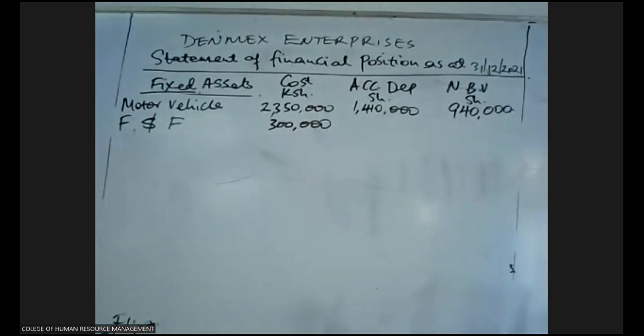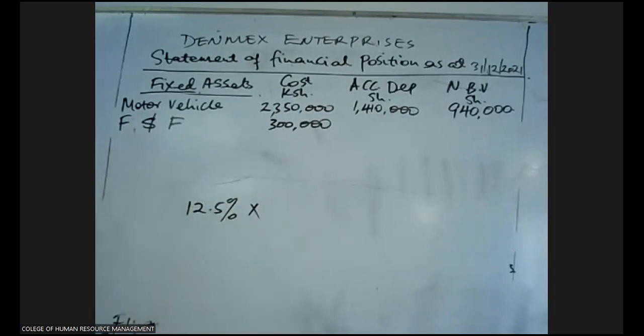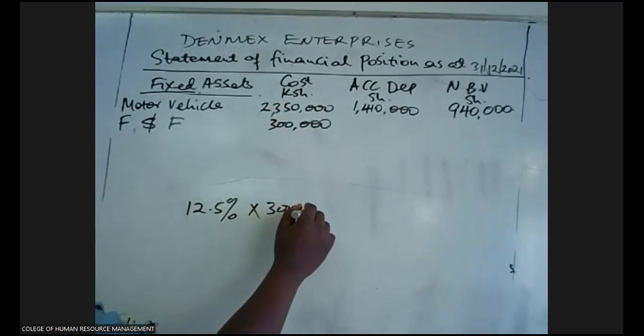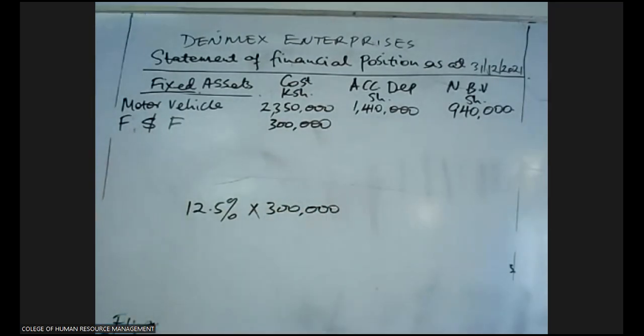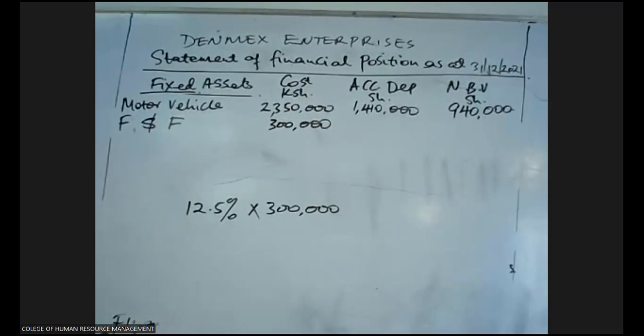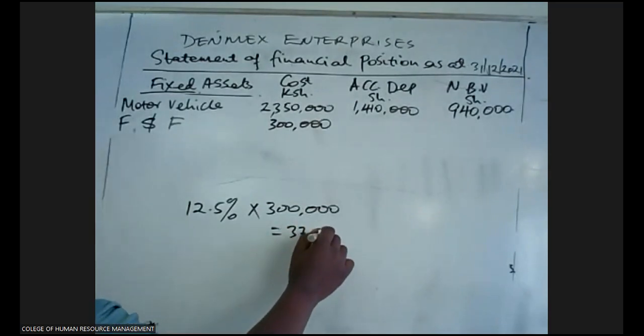Roman 1, depreciation on furniture and fittings is provided at the rate of 12.5% on cost, times this cost. You get that 37,500.